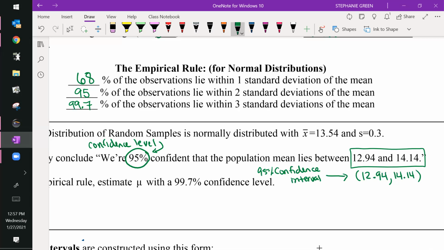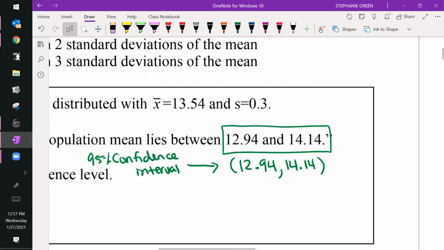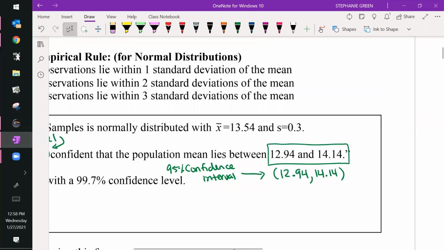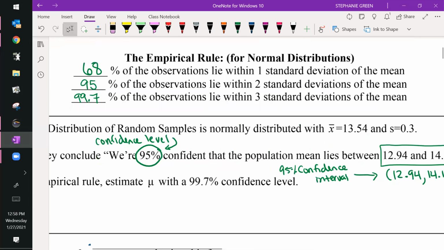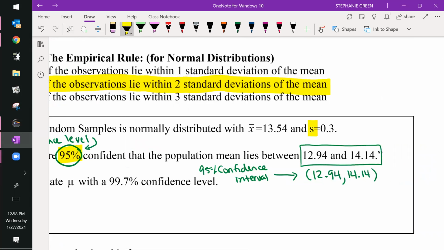Okay. And so how did they even get those numbers? Let's talk about that for a second before we look at the next part of this. Well, in our empirical rule, it says that 95% of the observations lie within 2 standard deviations of the mean. So 95% of the observations in this distribution are within 2 standard deviations of this mean.